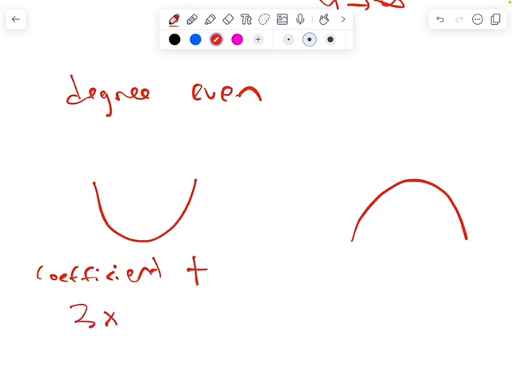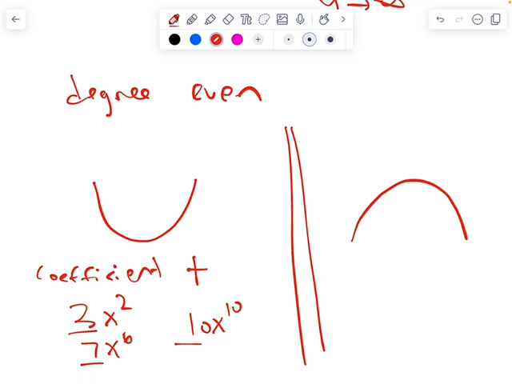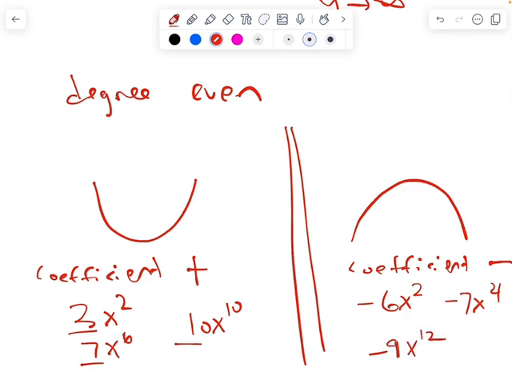Example, 3x squared, 7x to the 6th, 10x to the 10th. All these numbers, 3, 7, 10, those are all positive numbers. Now, this one is coefficient is negative. What do I mean? Negative 6x to the 2nd, negative 7x to the 4th, negative 9x to the 12th.